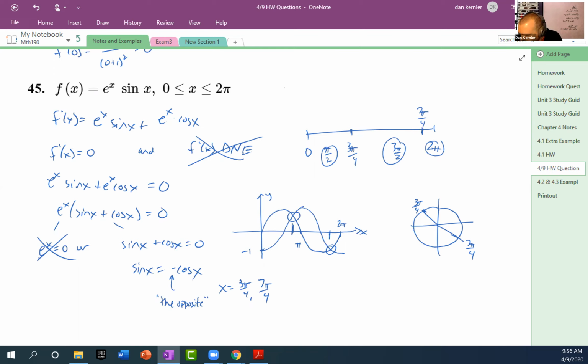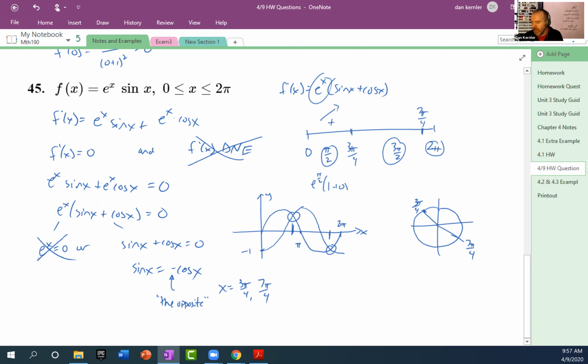The key here for our f prime of x, I'm going to write it as e to the x times sine of x plus cosine of x. See, the e to the x part is always positive. So all I really need is the sine plus the cosine to see if that's positive or negative. And you can use your calculator here if you want to. You shouldn't need to though. So sine of pi over 2 is, so this is whatever e to the pi over 2 is, and then sine of pi over 2 is 1, cosine of pi over 2 is 0, so that's positive in there.